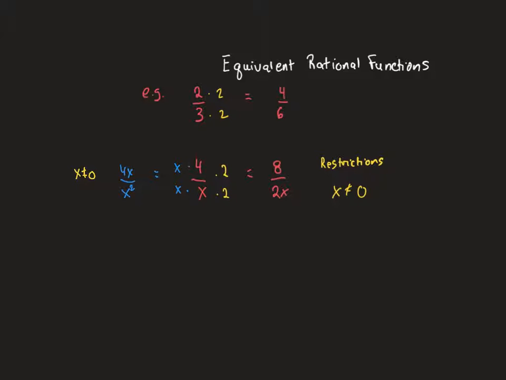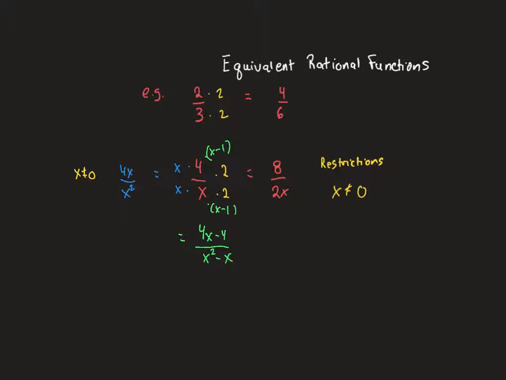I can also multiply the top and the bottom by, let's do something fun, x minus 1, which would give me 4x minus 4 divided by x squared minus x.